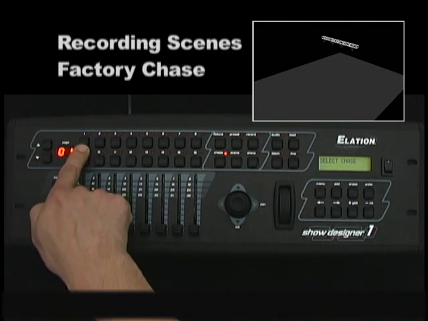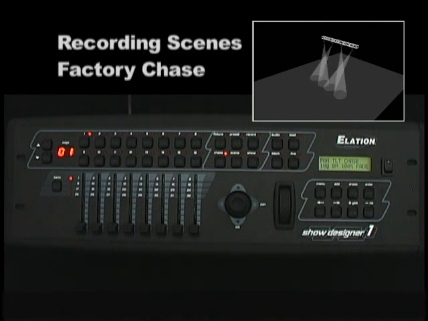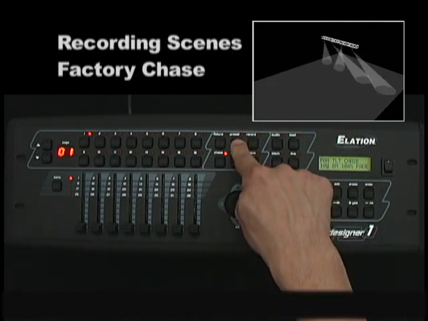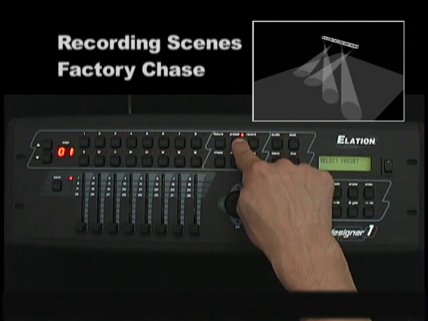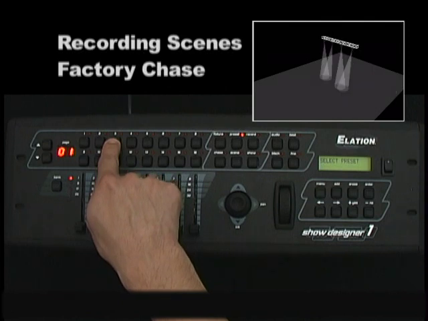I'll go to page 1 and select Chase 1, which contains a chase that I previously programmed. I can then select the Preset button and select a preset that I previously recorded.